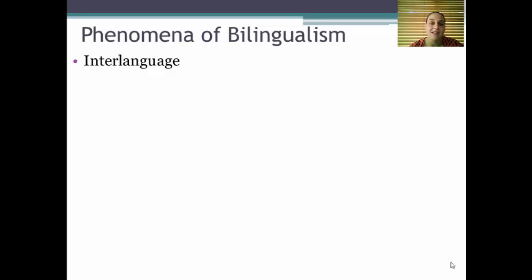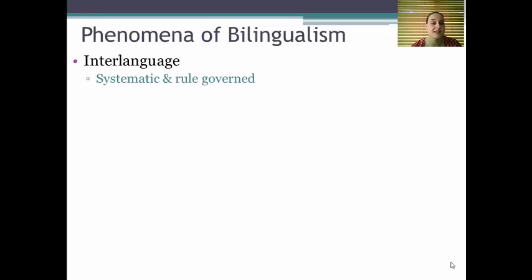And what ends up happening is that you get a system that comes out that doesn't look like the first language or the second language and doesn't work the same way either, but it still represents sort of a systematic application of grammar in the process of trying to learn the second language and use the grammar of the second language correctly.